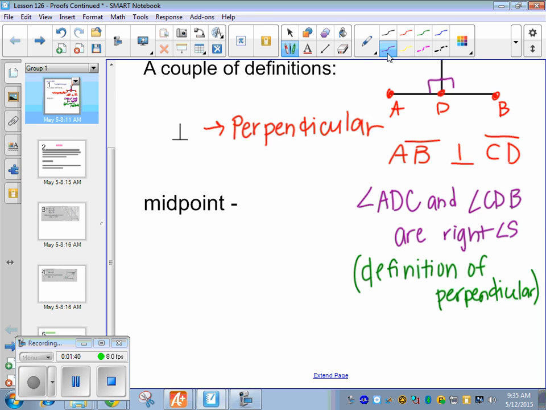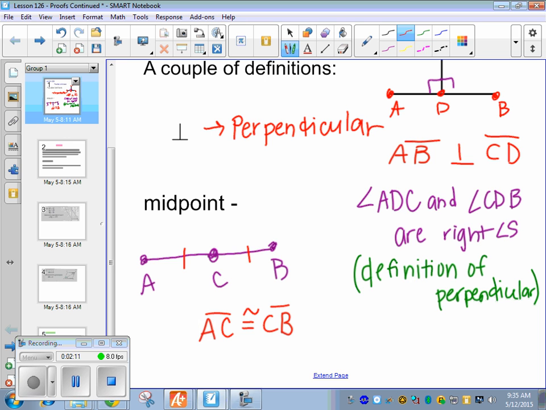And then, of course, we have midpoint, which we have used before. So if you have midpoint, like if this is segment A, B, and they tell us that C is the midpoint of the segment, what do we know about this and this? Yeah, we know AC is equal to CB.